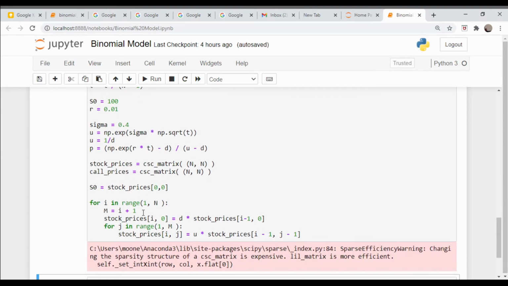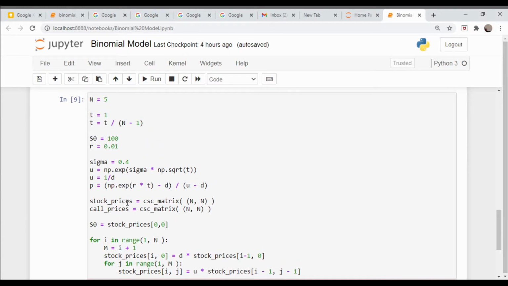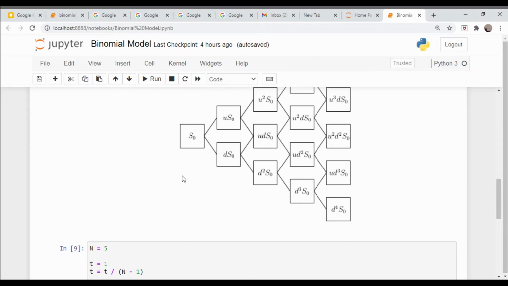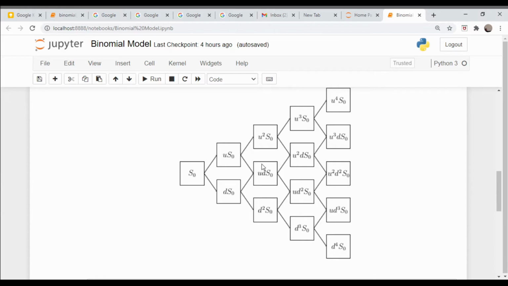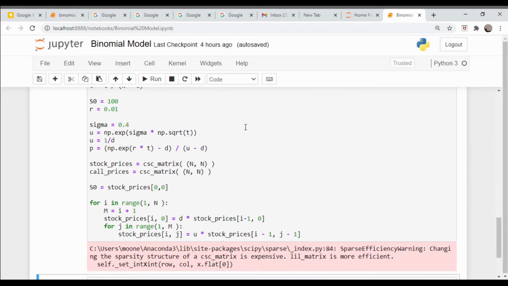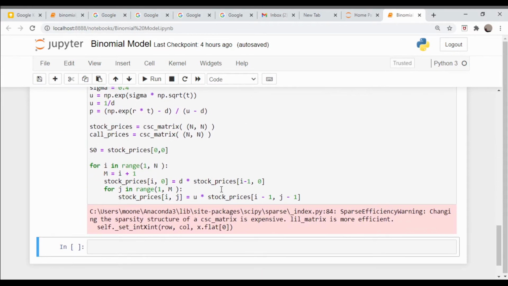And then we're doing a loop over a second index, which I called M, and M is going to go basically from bottom to top. So if I is equal to 1, 2, M is going to go from 0, 1 to, from here to here. And then we put them into the corresponding values of our stock price matrix.